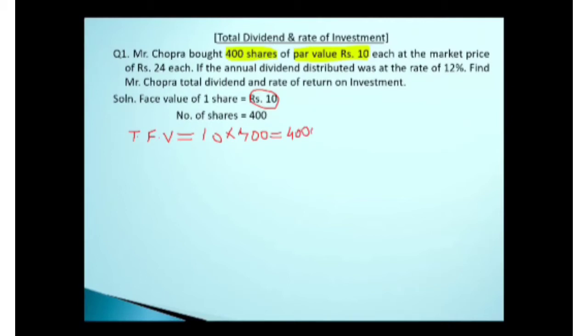Before that, you write down the formula that has been used. I have not written the formula directly; I substituted the values. So you can write: total face value is equal to face value of one share multiplied by number of shares. Face value of one share is 10 and number of shares is 400. If you multiply, the total face value is going to be 4000.